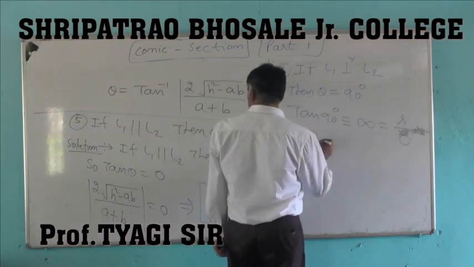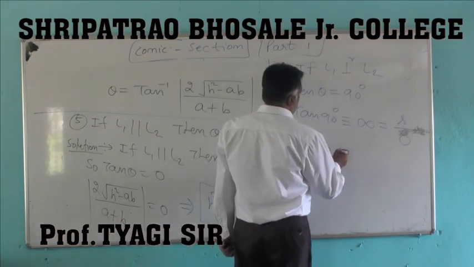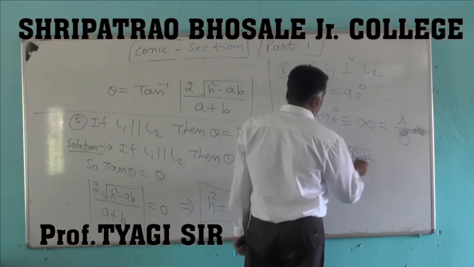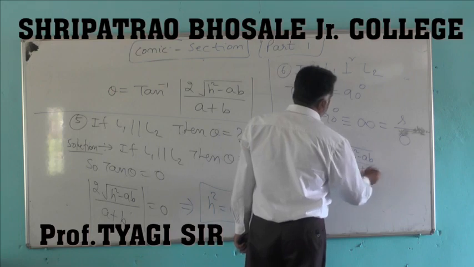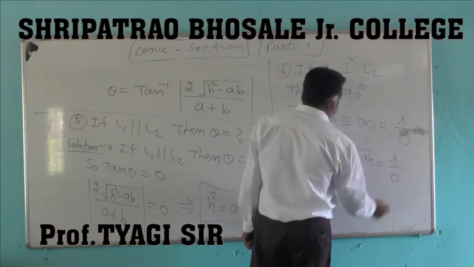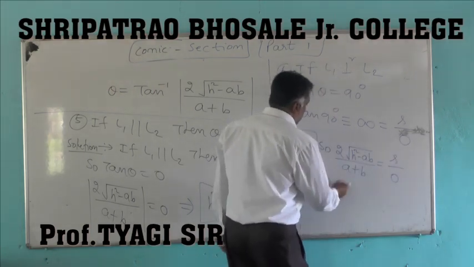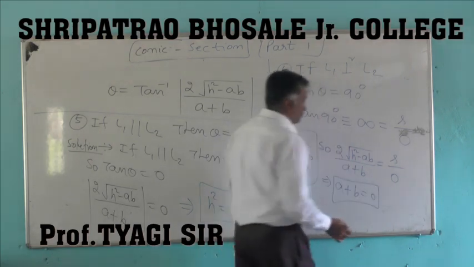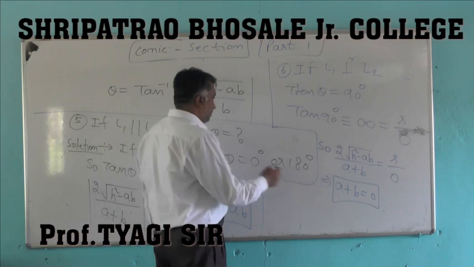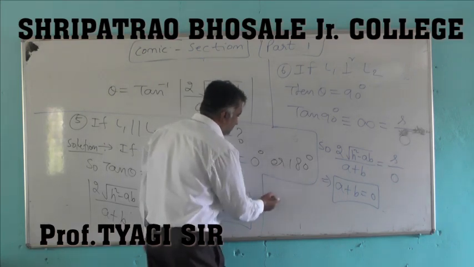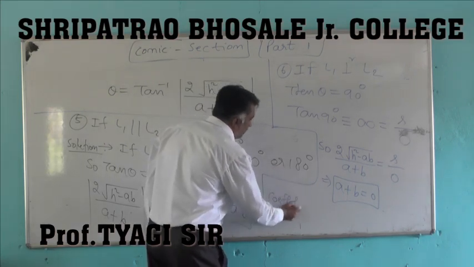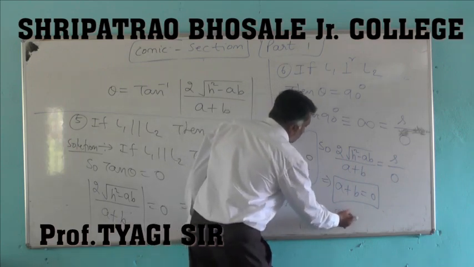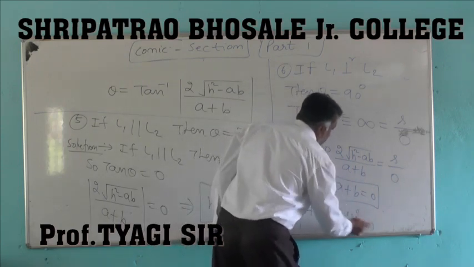So 2 under root h square minus ab upon a plus b equal to something upon 0. So a plus b equal to 0. So we got here that a, the coefficient of x square, plus the coefficient of y square should be equal to 0.